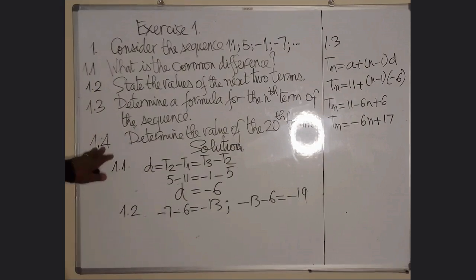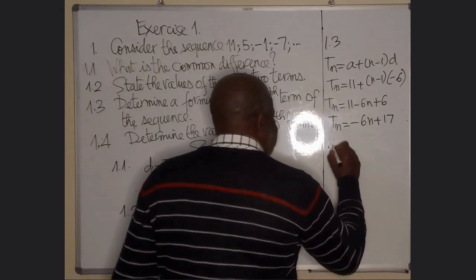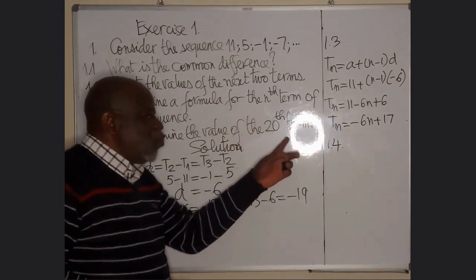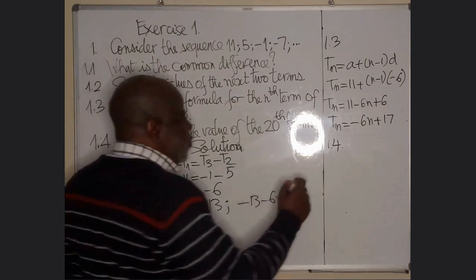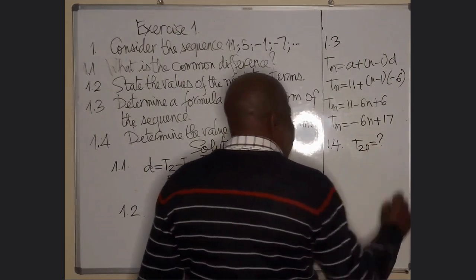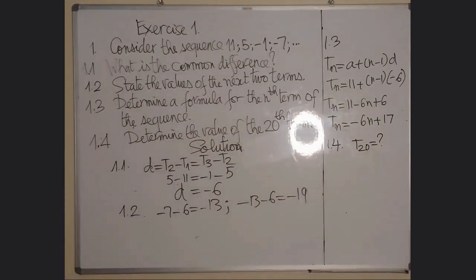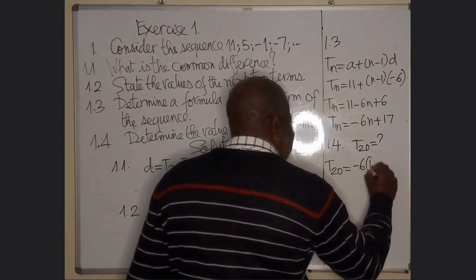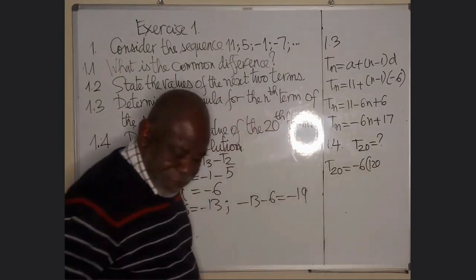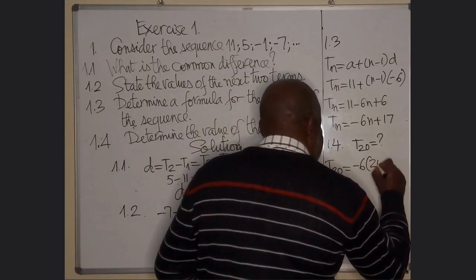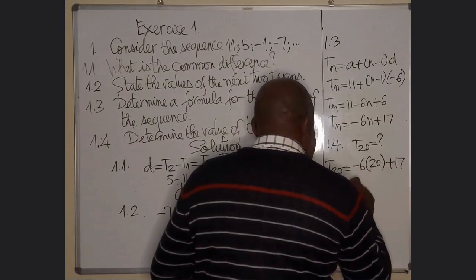We will be taking question 1.4. Determine the value of the 20th term. It means here we want to get T20. The value of the 20th term, T20, will be equal to negative 6 times 20 plus 17.